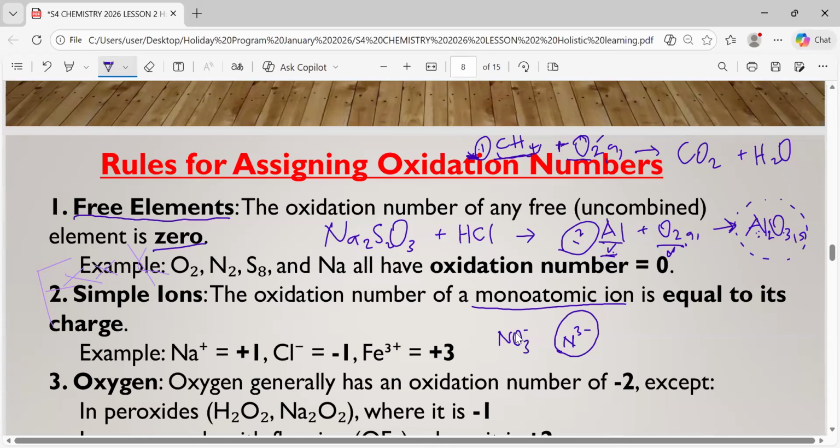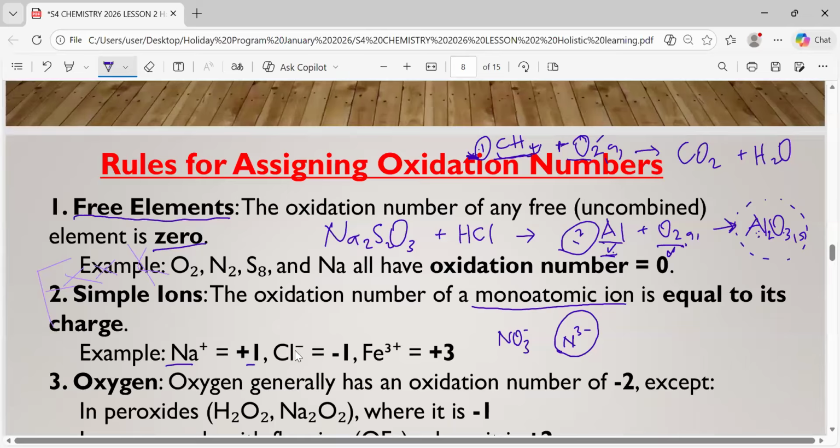But these ones which have a charge but are more than one atom are called polyatomic ions. So they're saying that for simple ions, or what you're calling the monoatomic ions, the oxidation number of such is equal to its charge. They have given us an example that if we have sodium ion like this, its oxidation number is positive 1.